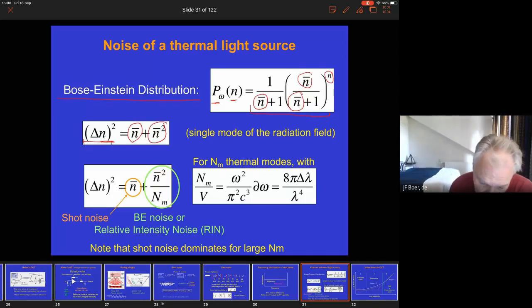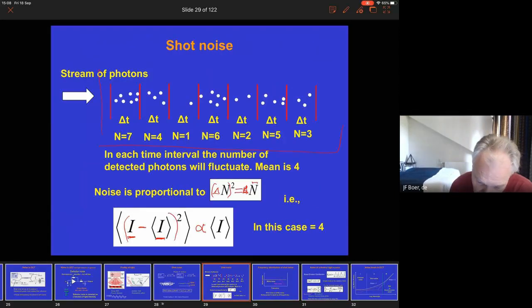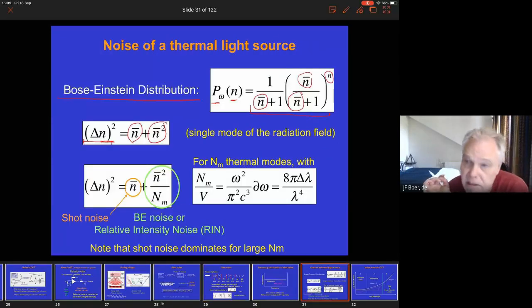If you go back to the shot noise, then the shot noise, delta n squared, was proportional to the mean of n. Going back to this Bose-Einstein distribution, we see that delta n squared has a term proportional to n bar. So this term in that Bose-Einstein distribution explains the shot noise.